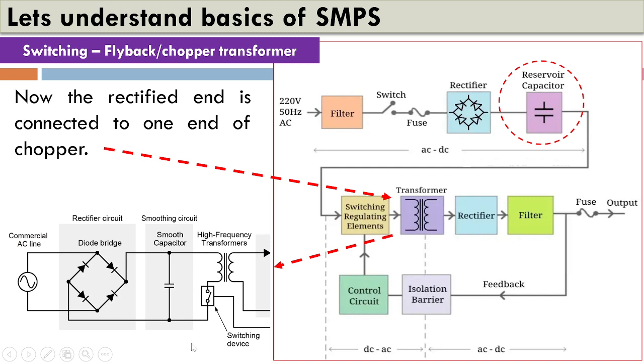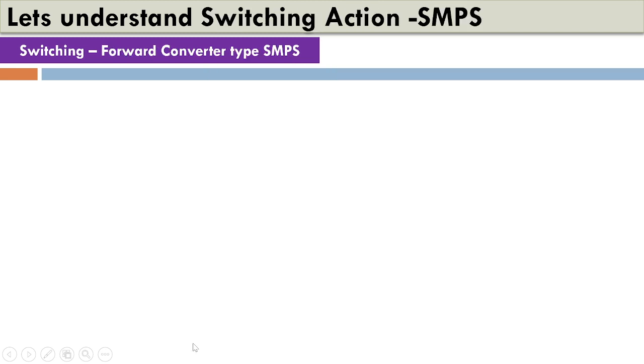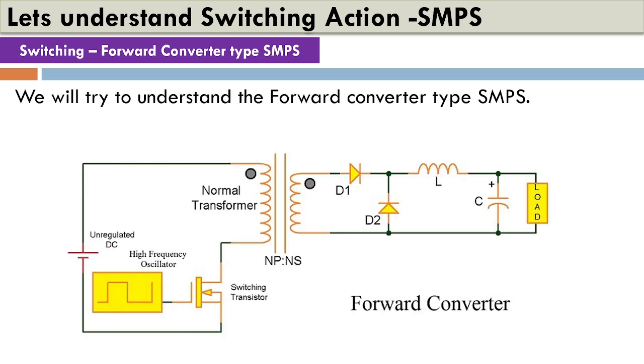So now let's move on to the next part, where we'll be discussing the SMPS which works on the forward converter type. Now let's see how it works. In a forward converter type of SMPS, we can see the input section is connected to a DC. One side of the transformer is connected to the DC.